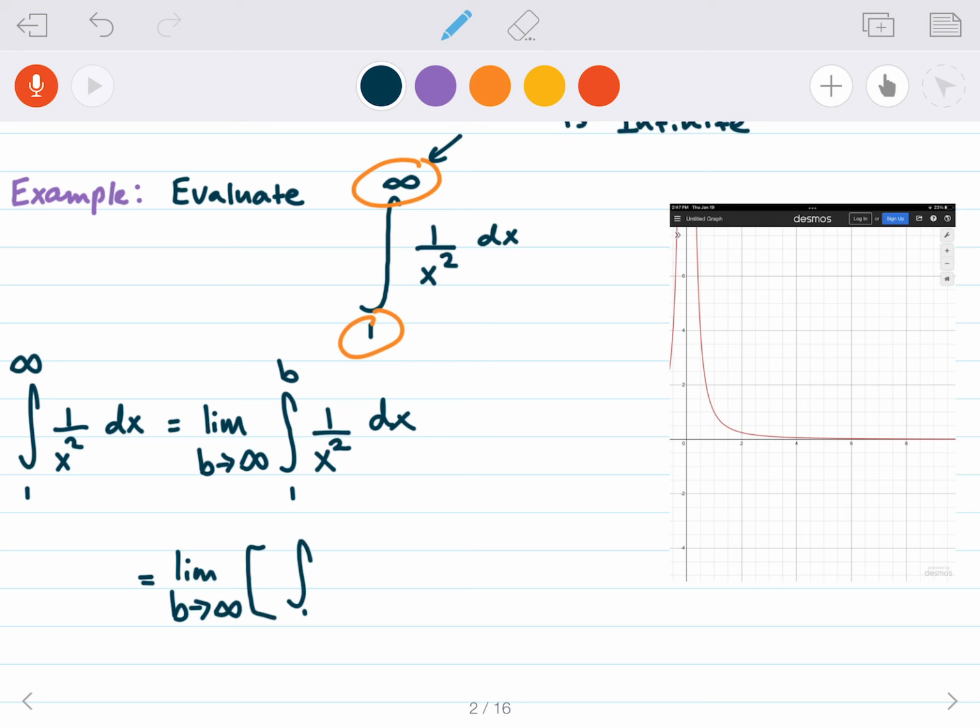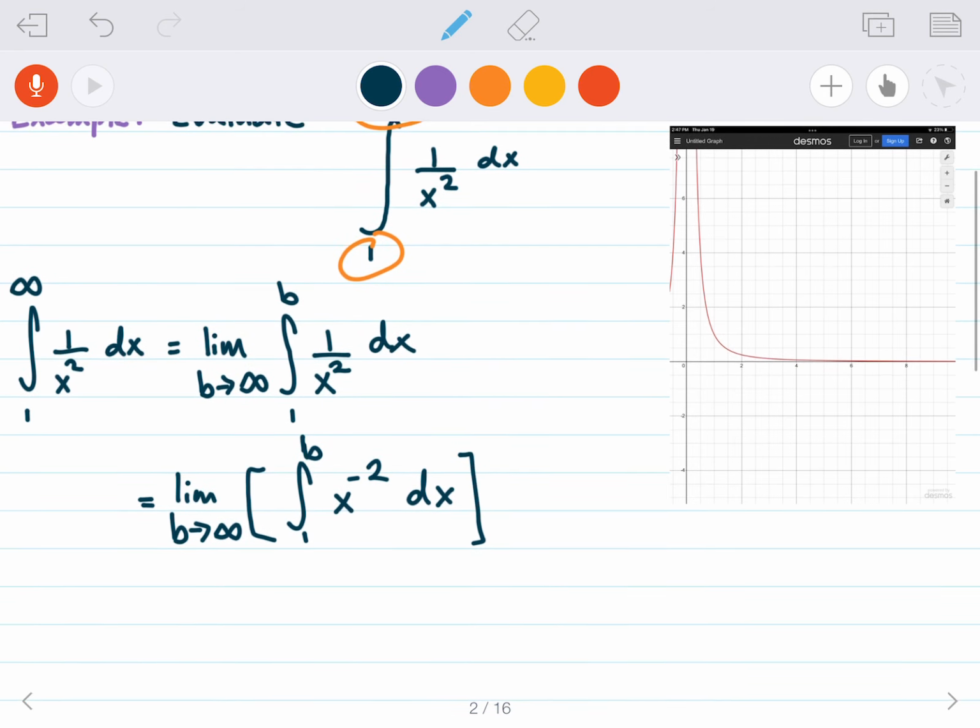Instead of 1 over x squared, I'm going to write this as x to the negative 2. If I integrate this, I add 1 to the exponent, which gives -1, and divide by that, which is -1. My limits of integration go from x equals 1 to x equals b.